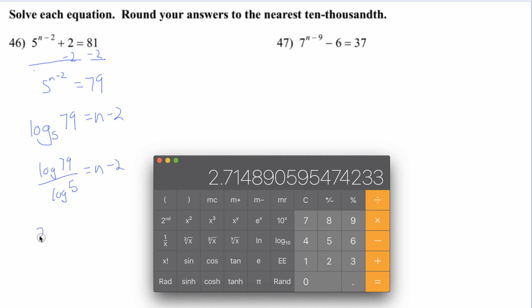So this left side is 0.27149. Now I'm going to round to ten thousandths in this case, equals n minus 2, simply adding 2 to both sides. And we find n is equal to 4.7149. And that's our answer.